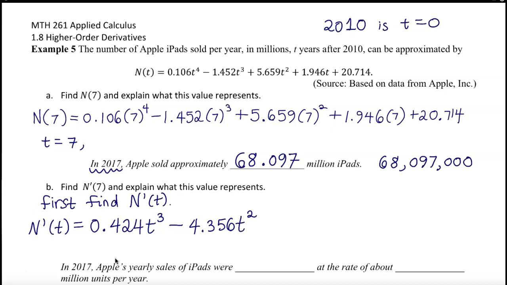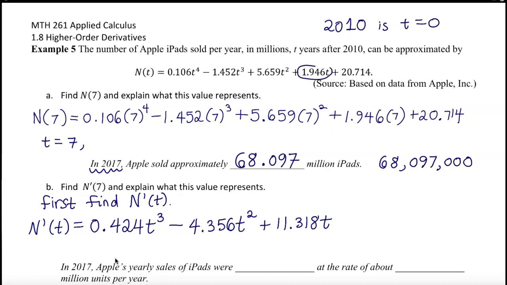All right, next term, I'm multiplying 2 times 5.659. I got plus 11.318 times t, because it's just t to the first power. And I think we're almost done.